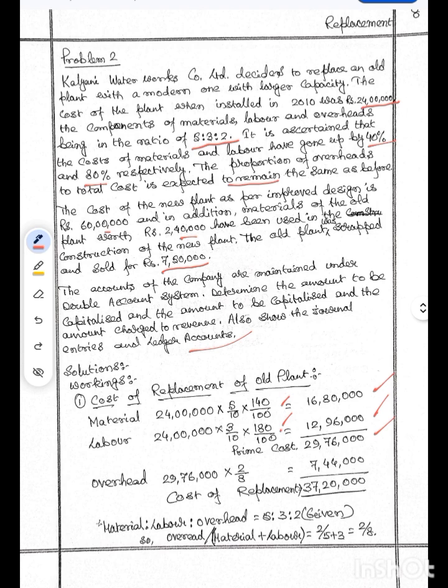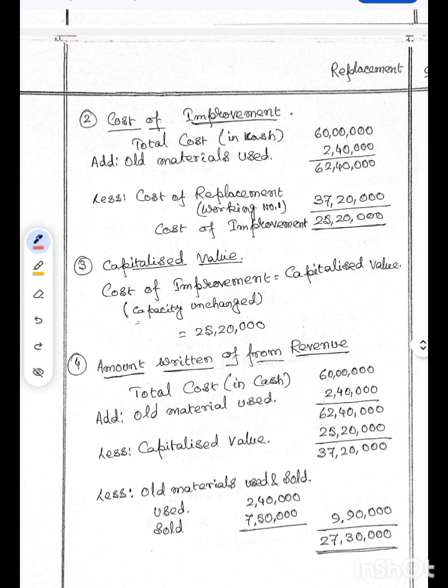Overhead is 29,76,000, that means the prime cost, into 2/8, because material to labor to overhead is 5:3:2, so overhead over material and labor is 2 divided by 5 plus 3, that is 2/8. That comes to 7,44,000 and the total cost of replacement is 37,20,000.